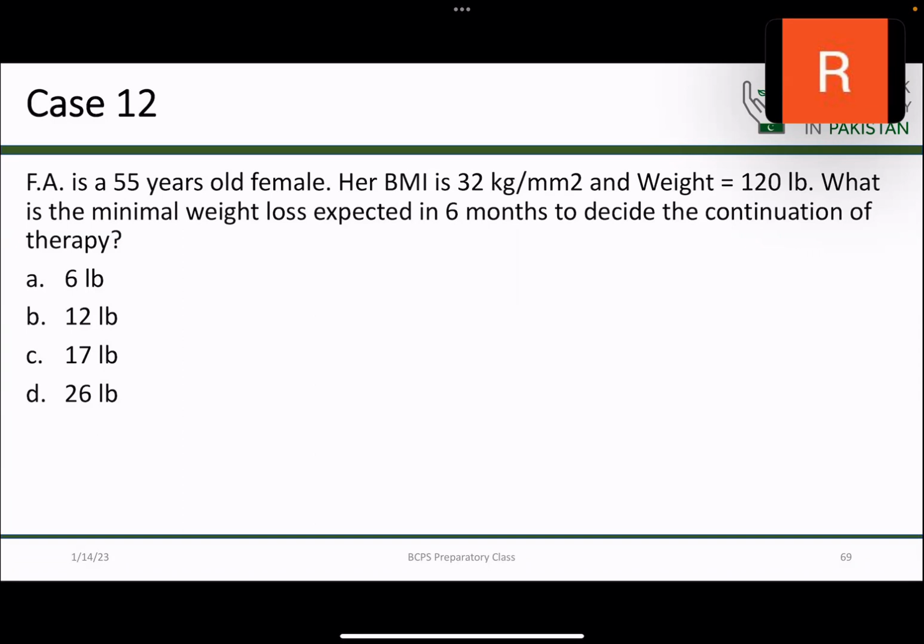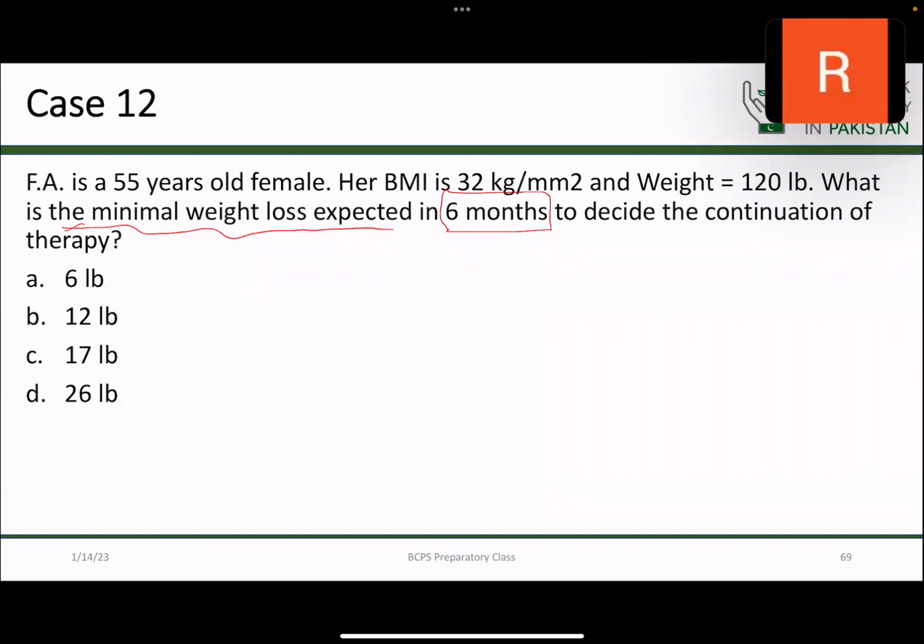So if you are giving one therapy to a patient, because most of these therapies which are used to treat obesity have side effects, in order to decide whether to continue the therapy or not, you have to look at what is the minimum weight loss. So what is the minimum weight loss expected in this patient?